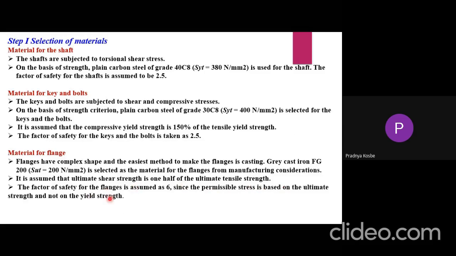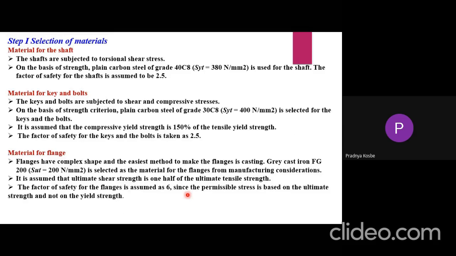The factor of safety for the flange is assumed as 6, since permissible stress is based on the ultimate tensile strength and not on the yield strength. As it is a brittle material, chances of failure are more, and in case of yielding of the material, as compared to a brittle material, chances of failure are less.